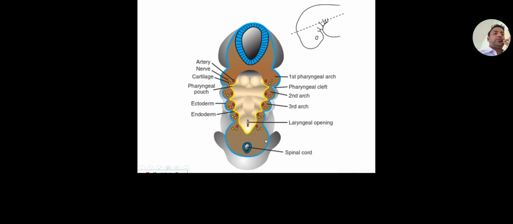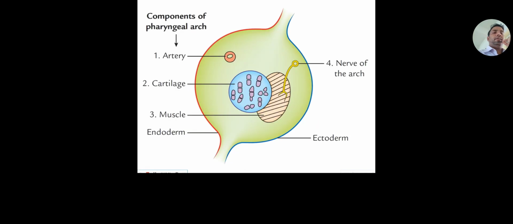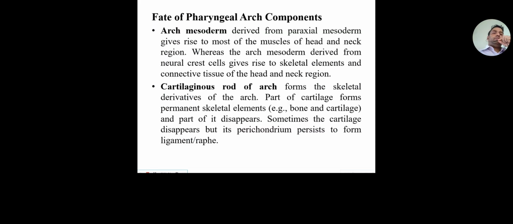Yes, this is the section there. You can see the section has gone through the cylindrical embryo in the upper right area, and these are the components of the pharyngeal arch. Each pharyngeal arch has this artery, cartilage, muscle, and mesoderm.